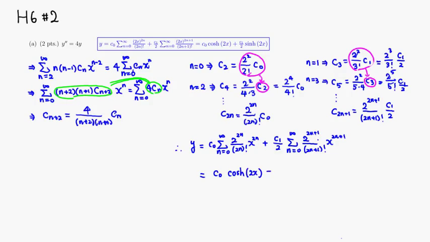And plus c1 over 2 times a hyperbolic sine of 2x. So that's the solution. That's how they got this solution right there. That's it. I hope that this was clear.